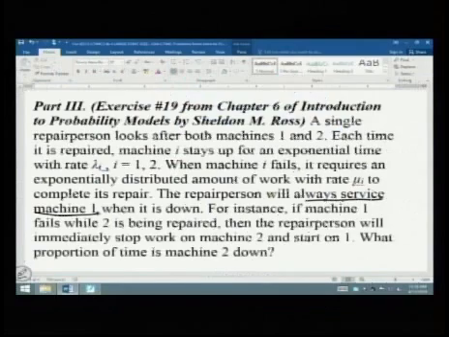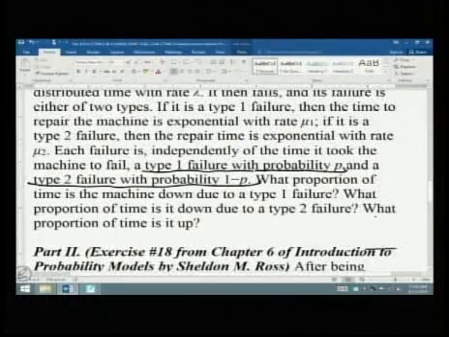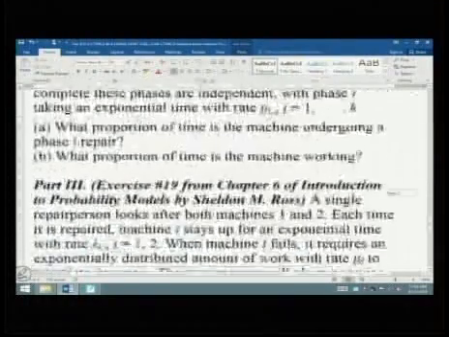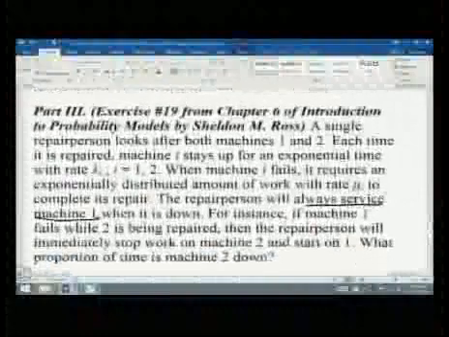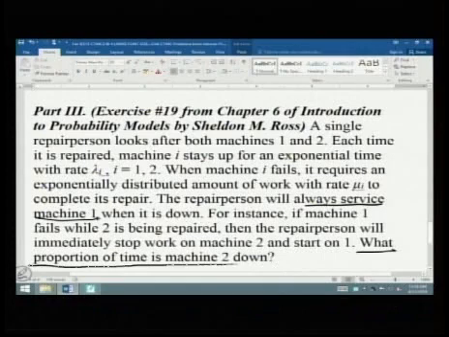Okay, so now go back to the question. We want to know the proportion of time the machine is down. Okay?